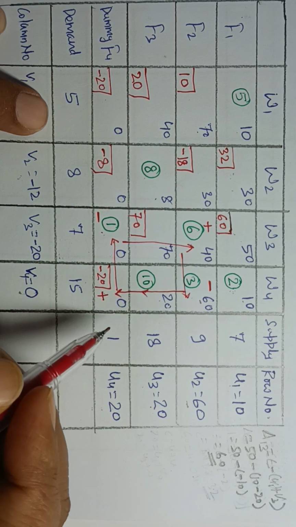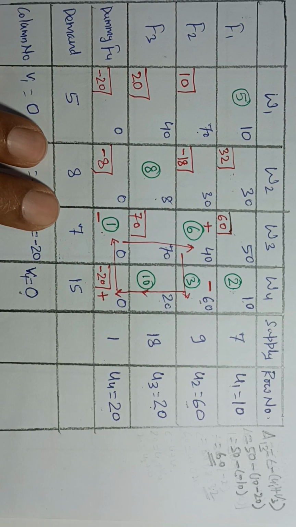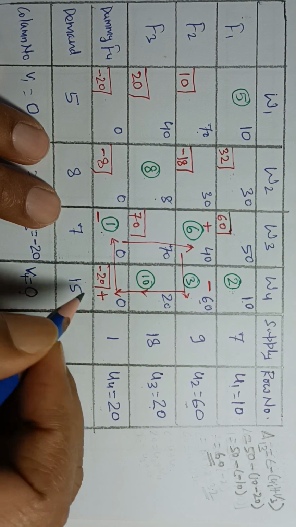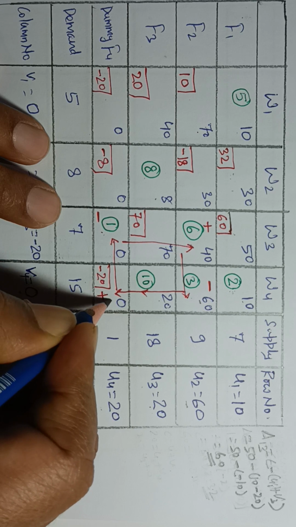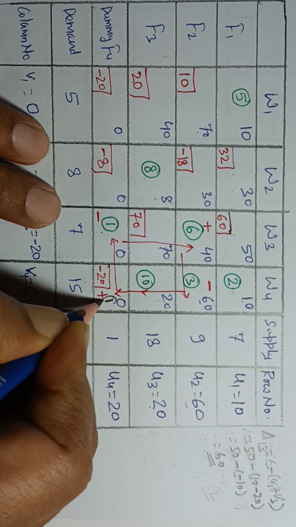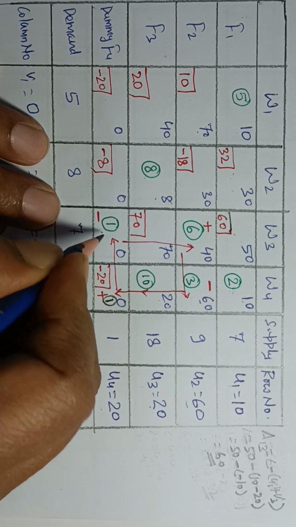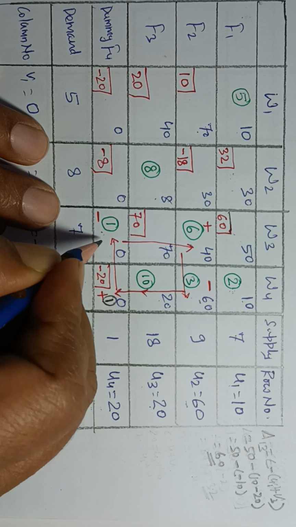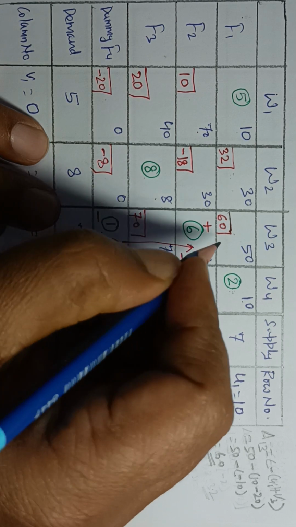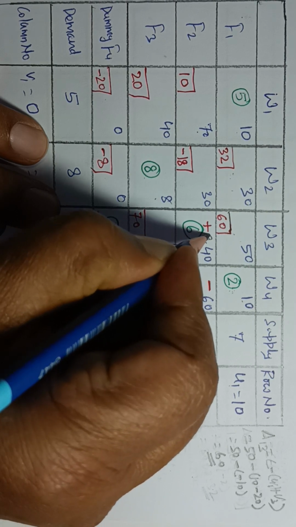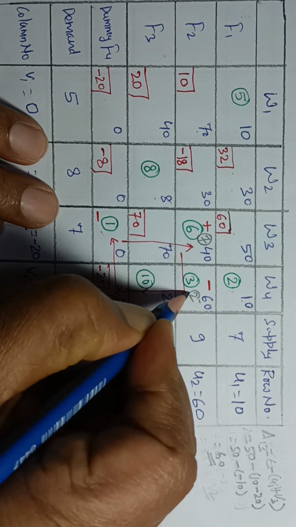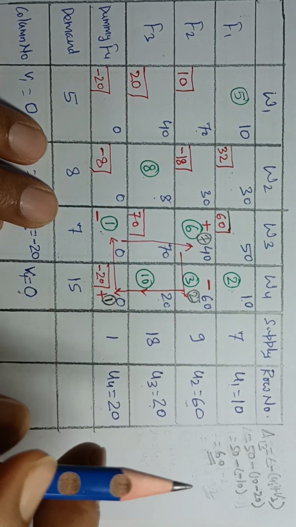So I'll shift 1 here, first positive. I'll deduct 1, so it will become 0. I'll add here, so it will become 7. Deduct here, it will become 2. This will remain as it is.